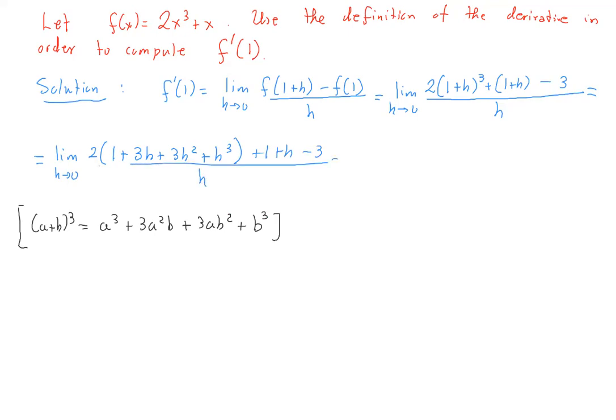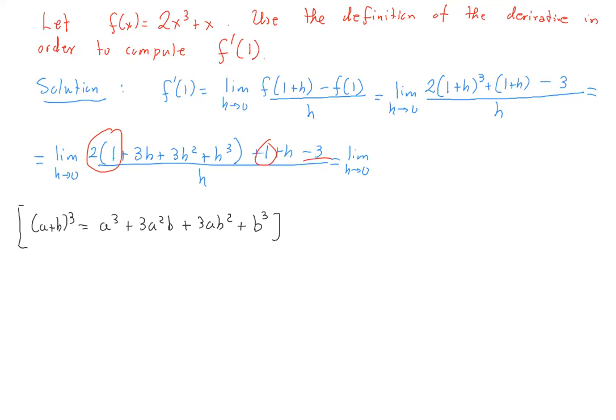And here the fail-safe that you will always have, at least in the case of polynomials, is that all the constants from the top should eventually disappear. And here you can see that you have a 2, you have a 1, and then you have a negative 3. And of course, those things add up to 0.